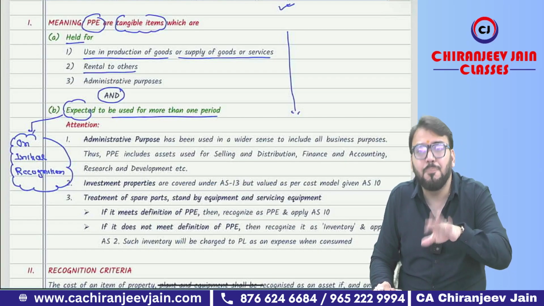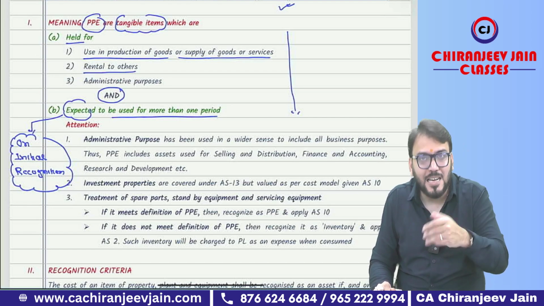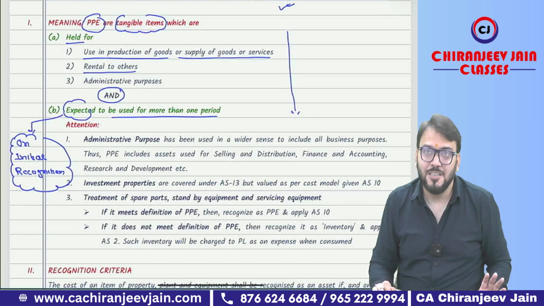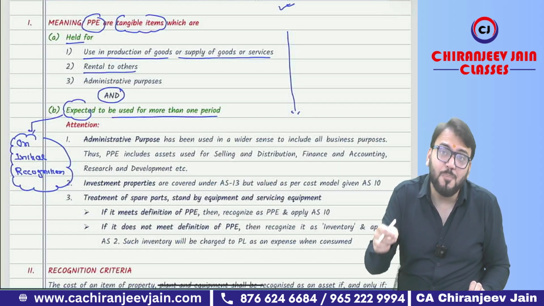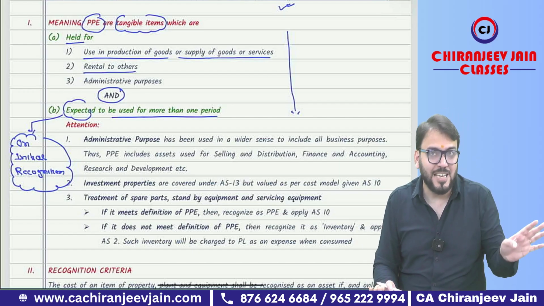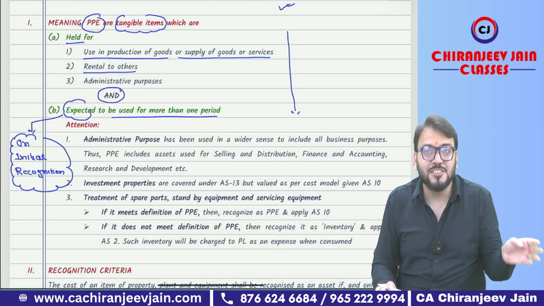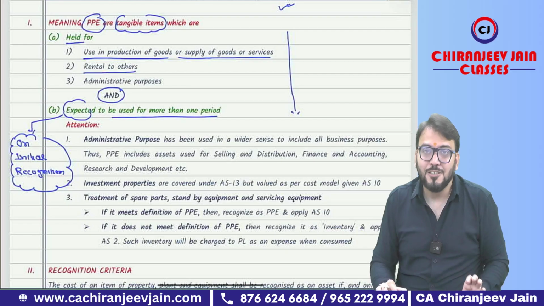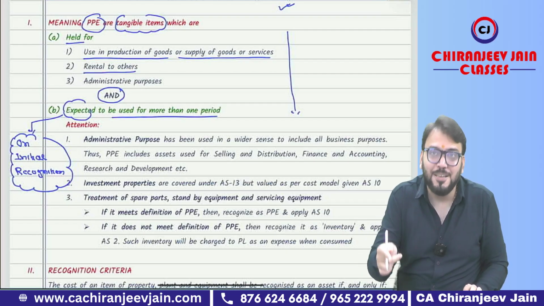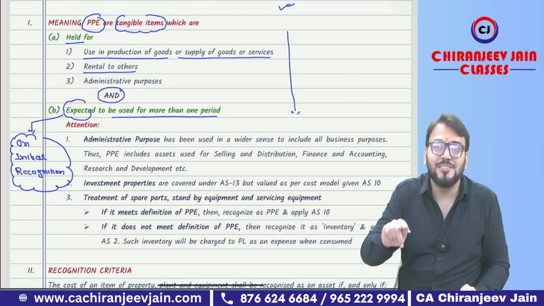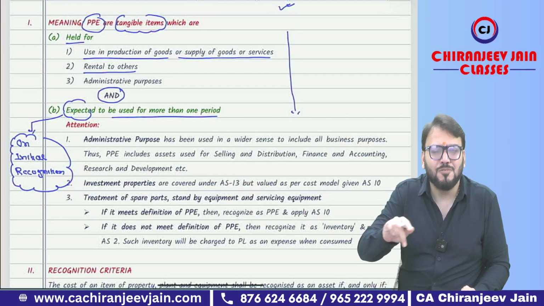It will include all other purposes other than sale in the ordinary course of business. Means if you are using any item for business purpose apart from sale in the ordinary course of business, that will meet the definition of PPE. The administrative purpose will include marketing purpose, accounting purpose, research and development purpose, whatever.